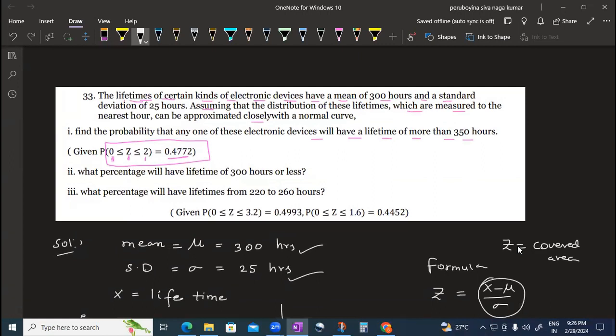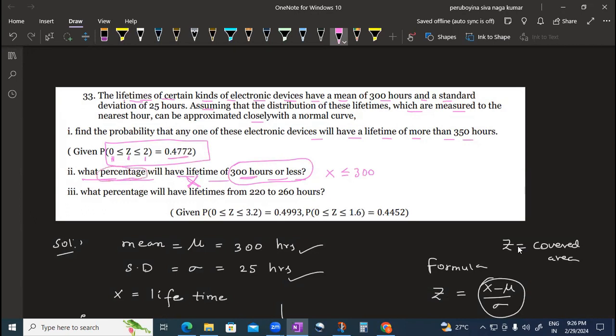Next, the second question. It says, what percent will have a lifetime of 300 hours or less? Lifetime means X. 300 or less, 300 may be equal or less. That means X lesser than or equal to 300. He is asking to calculate with percentage.